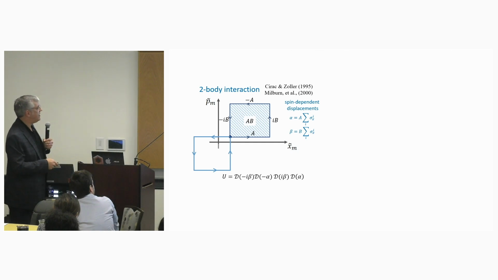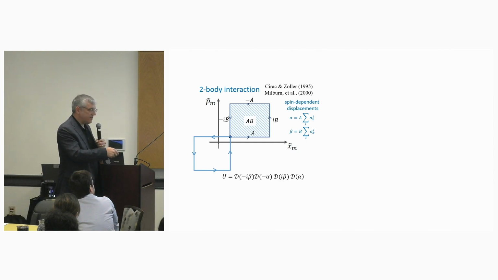the Ising interaction. And a good way to see this, if you're up to speed in your quantum optics, is these are just displacement operators in phase space. They're spin-dependent displacement operators. The sign of the argument depends on the spin state. So alpha and beta here, they depend on the spins. So we have 4 displacements. It looks like they add to nothing. They add to the identity operator, right?